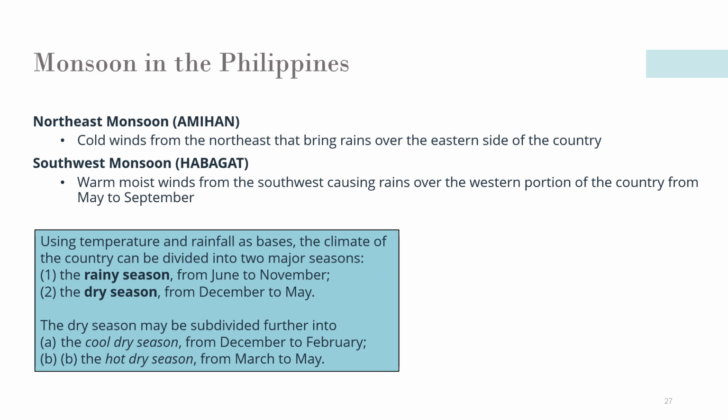And the Habagat brings the rain over the western portion of the country from May to September, which is the rainy season of the Philippines.